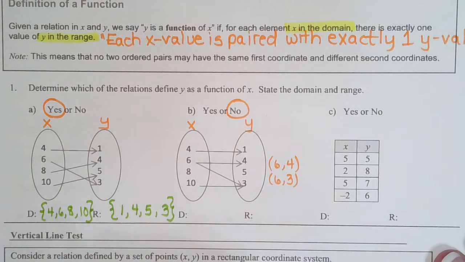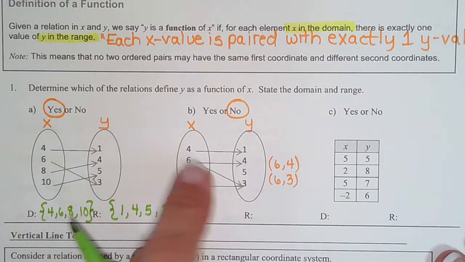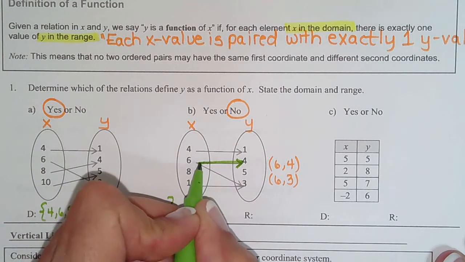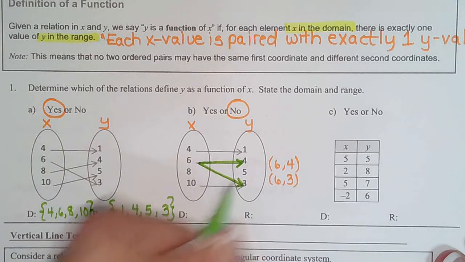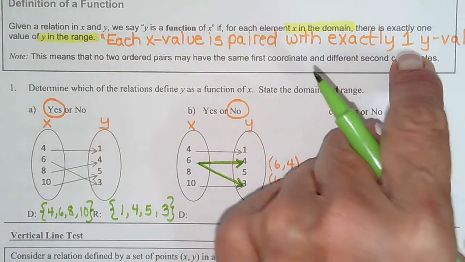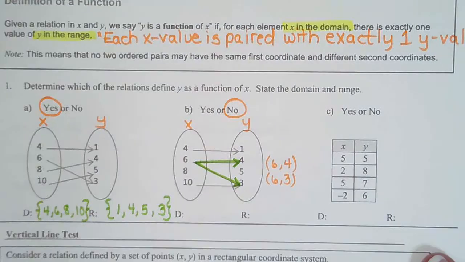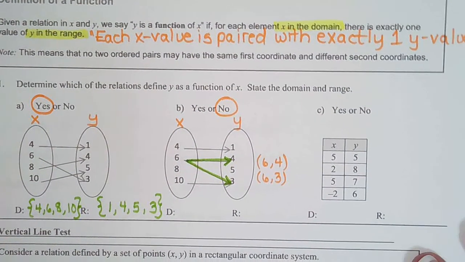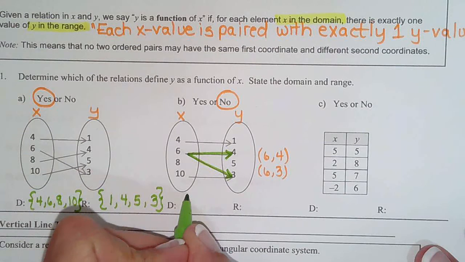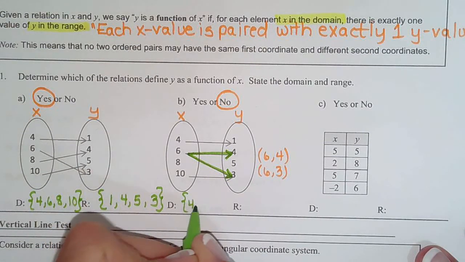So here it's not a function because 6, and you could use color and show why, 6 has 2 arrows going from it. That means 6 is paired with 2 y values, and this says only one y value is allowed. So my domain's the same, 4, 6, 8, 10.